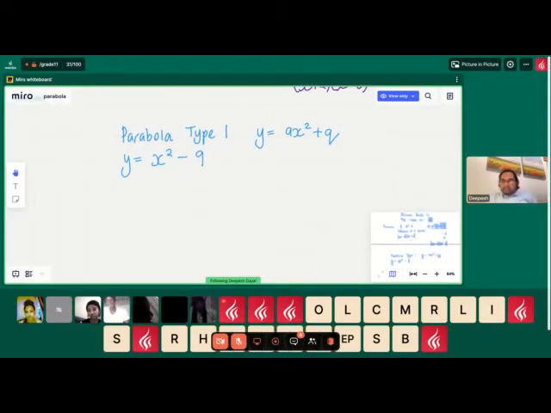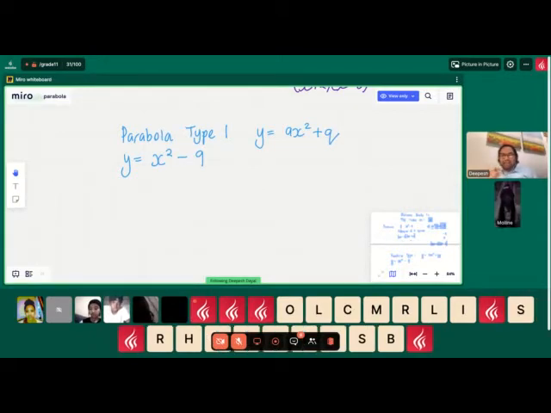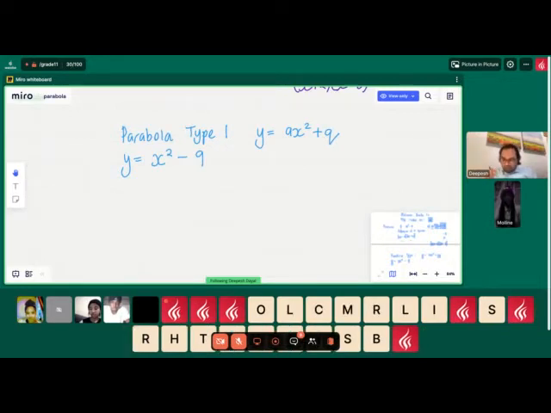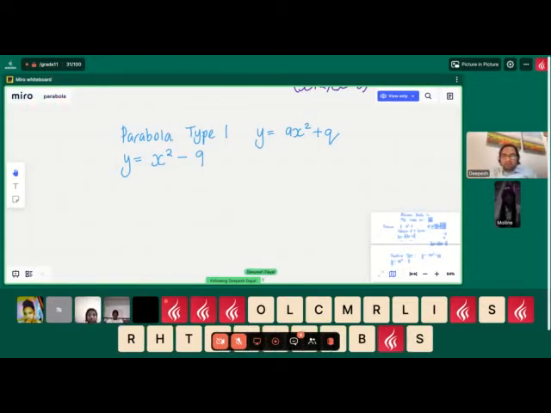There are several steps involved in drawing the parabola, and our aim today is to draw it. If you want, type in the chat: what is the first step when we're drawing a parabola? Let's have a look.